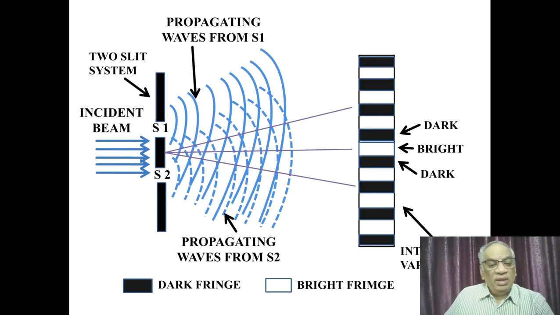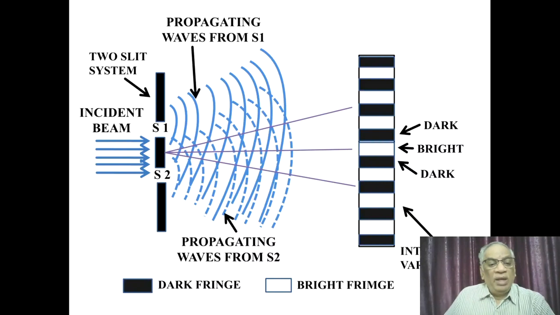When they meet, there will be situations where the two waves will be producing constructive interference as well as destructive interference, depending on the path difference and phase difference of the waves reaching the screen. The path difference and phase difference will be different at any point in the vertical direction on the screen.